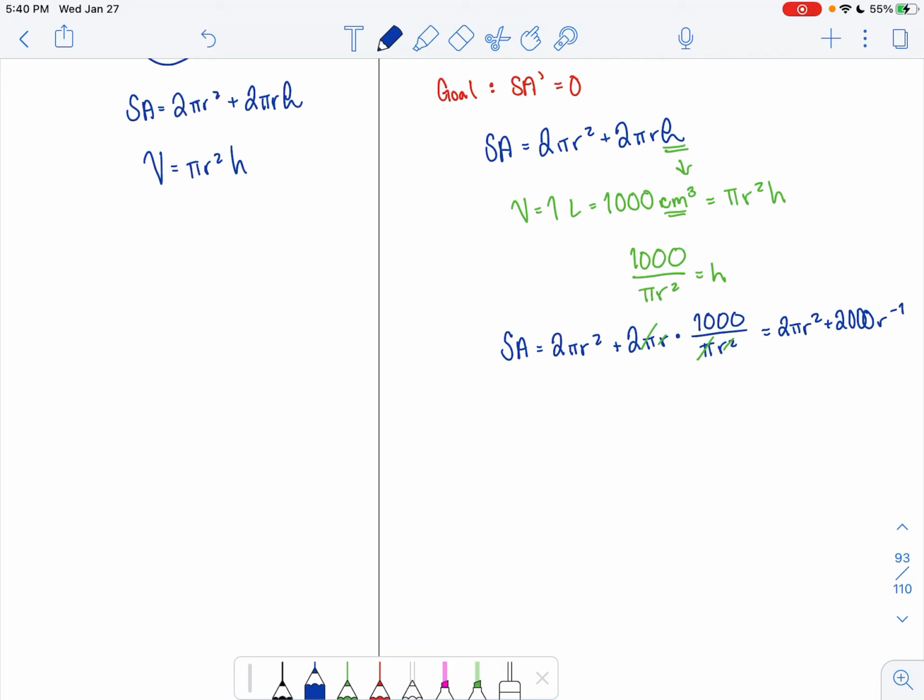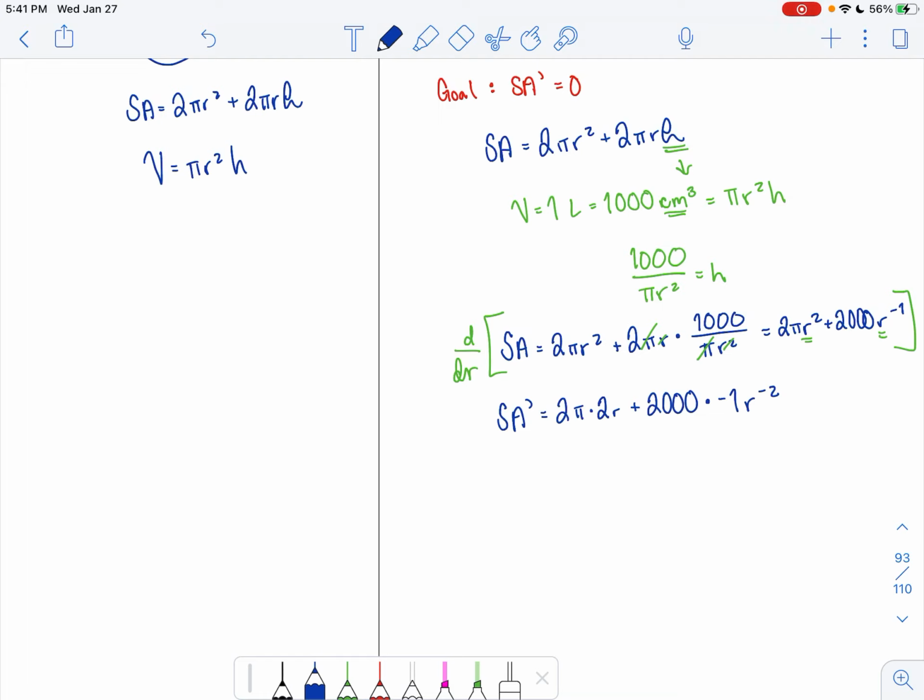I'm going to write that as r to the negative first because it's just easier to differentiate like that. And now since we are left with just r as our variable, I will take the derivative in terms of r. So surface area prime is equal to 2 pi r squared, so 2 pi times 2r for the derivative, plus 2,000 times negative 1 r to the negative 2. So just using the power rule for the two different terms.